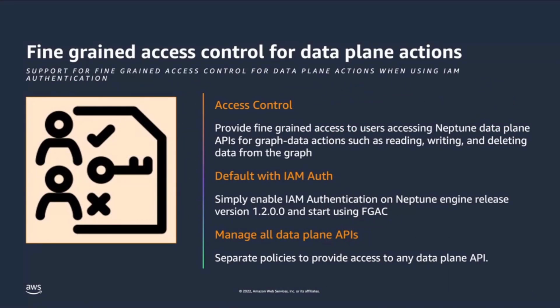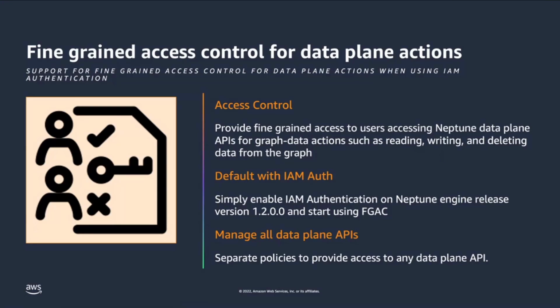We also recently announced fine-grained access control for data plane actions. This is really about allowing customers to specify at a very granular level which actions a specific IAM role can take. So this allows you to specify roles that maybe only have access to read, or only have access to write, or only have access to trigger bulk loads, things of that nature.